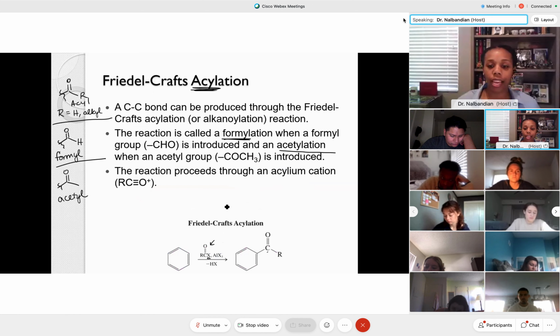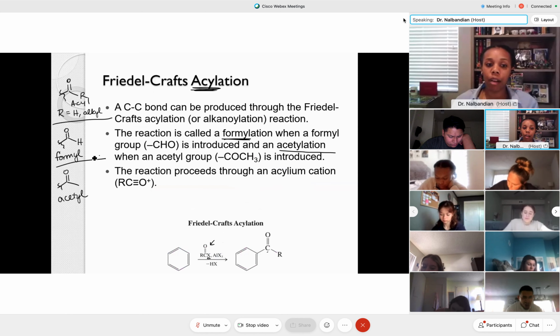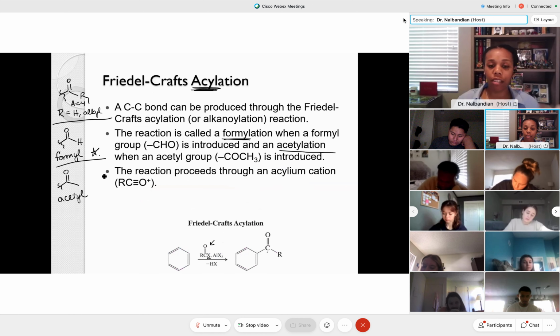But in general, they're called acylations because we're mostly just adding acyl groups. In general, for this reaction, you're most likely making some kind of ketone. There's only one aldehyde possible, the one where it's a formyl group. Anything else would be some kind of ketone attached to the benzene ring.